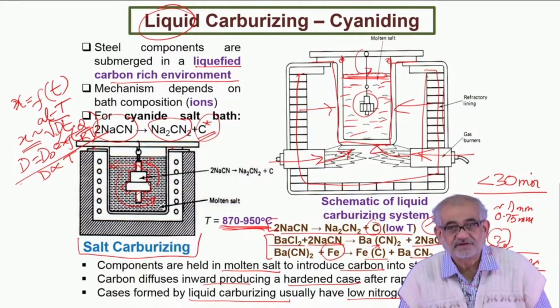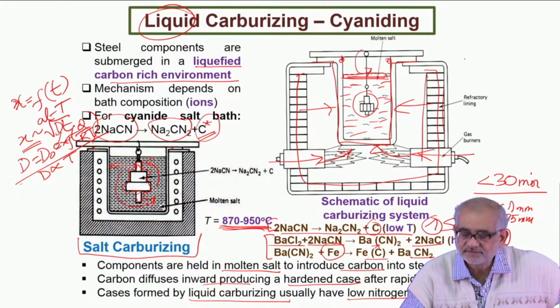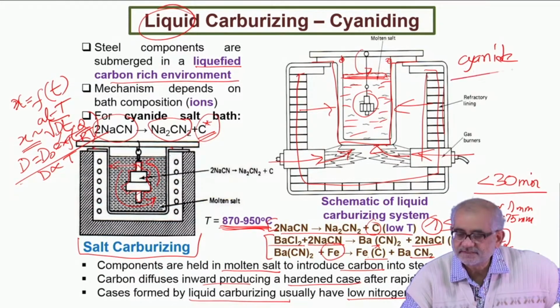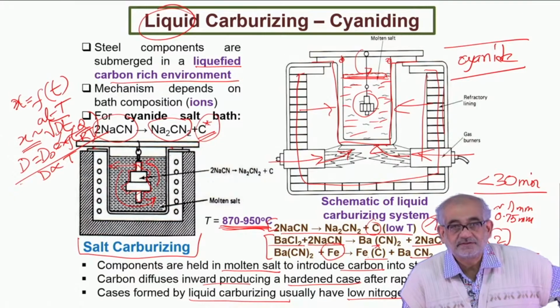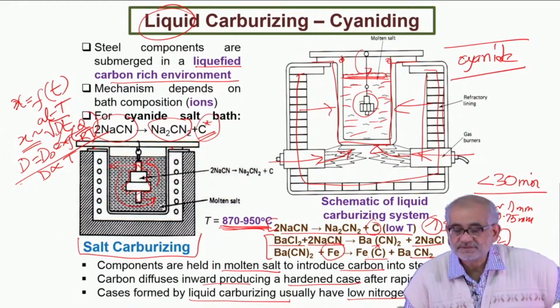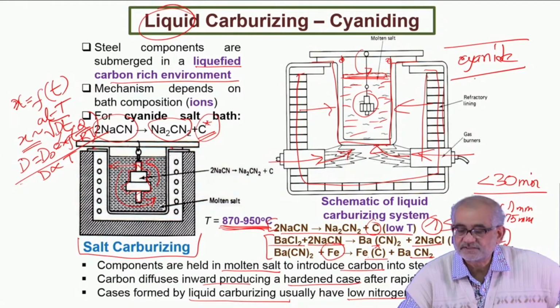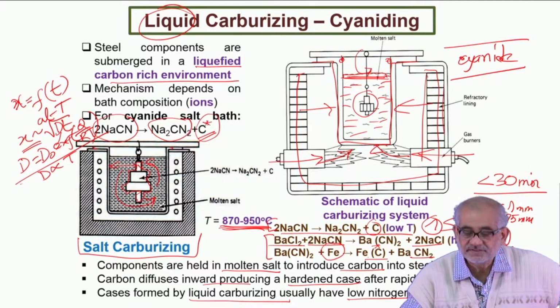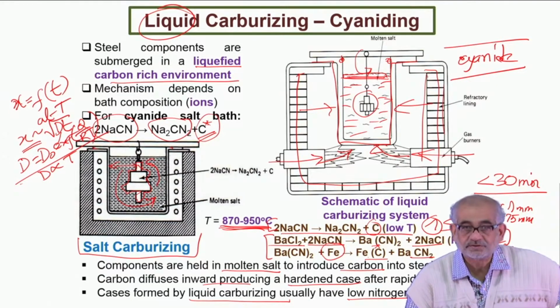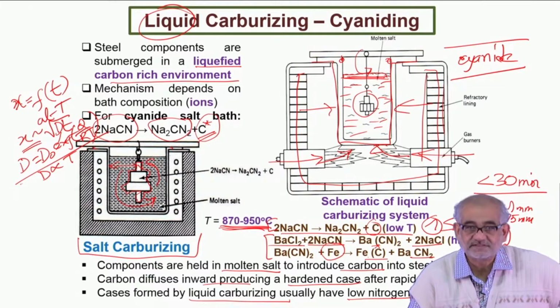The biggest disadvantage is the fact that we are dealing with cyanide. And we all are aware that cyanide is an extremely toxic compound. Even accidentally, if the operator happens to inhale vapor of cyanide, that certainly can cause very lethal action. So we have to be extremely careful, and even disposal of these molten salts or treating or refurbishing, recharging, all these are fairly hazardous processes.